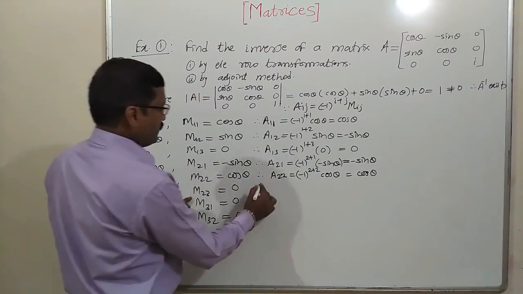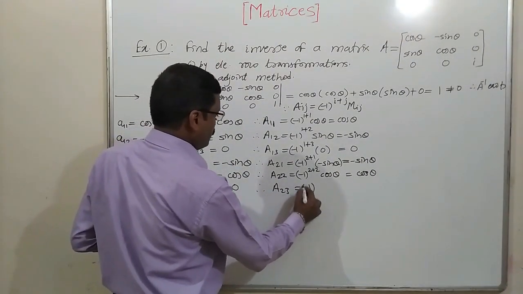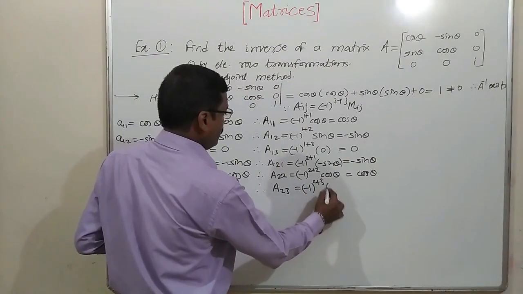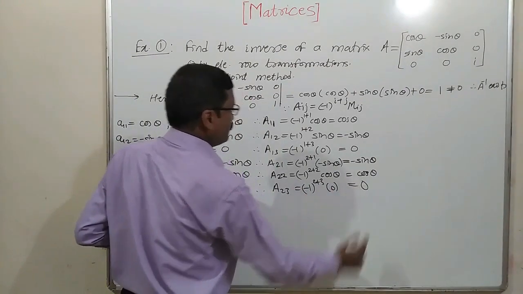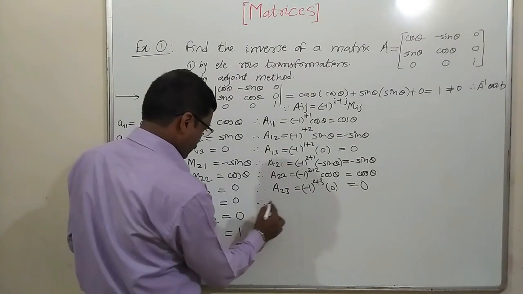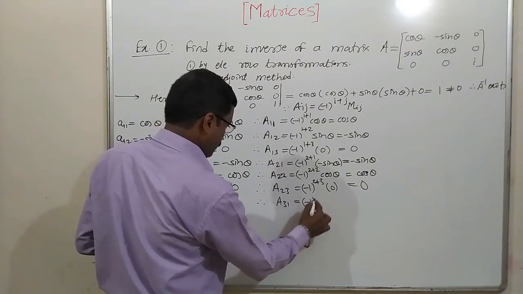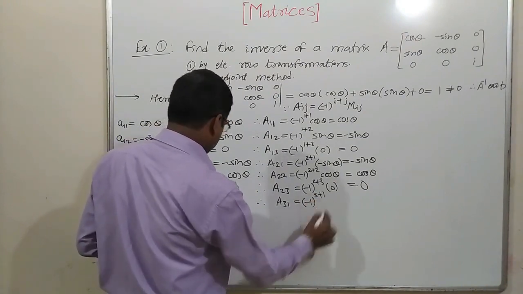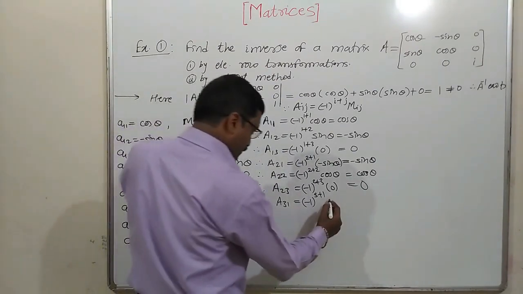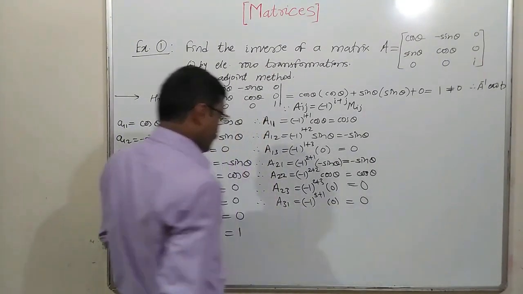Next, M23 is 0, therefore A23 is equal to minus 1 raised to 2 plus 3 into 0, that is 0. Next, A31 is equal to minus 1 raised to 3 plus 1 into corresponding minor, which is 0, so we get again 0.